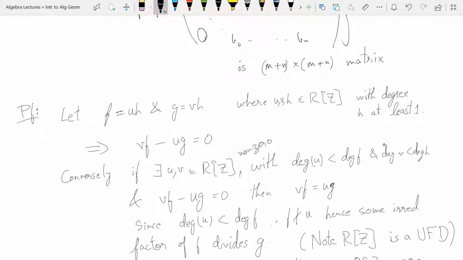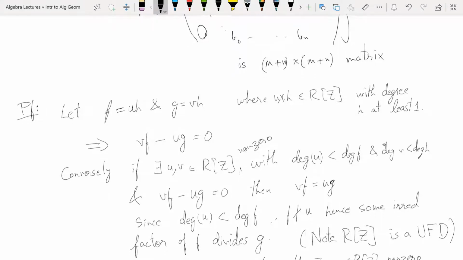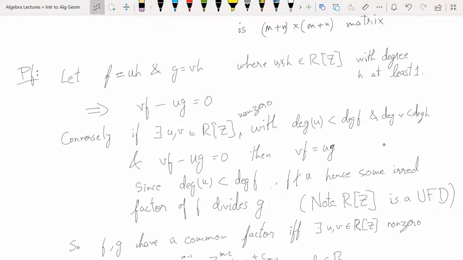So some non-trivial irreducible factor of f, meaning it has to be a polynomial of degree at least 1, has to divide g, because f does not divide u. So that tells us that f and g have a common factor.